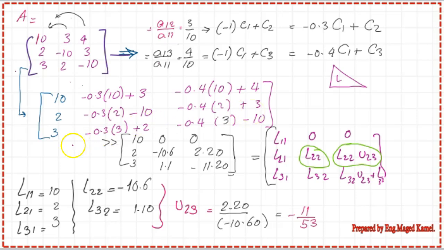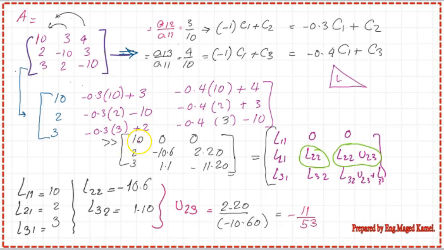And for the third row, we have 3, minus 0.3 by 3 plus 2, and minus 0.4 by 3. This is the value of the C1 plus C3, which is minus 10. Adjusting the values of the first row, second row, third row.